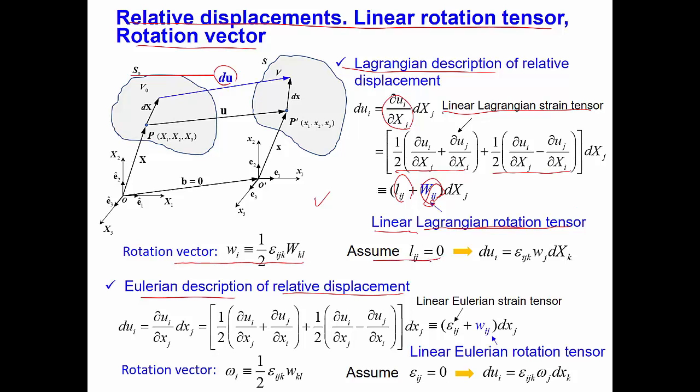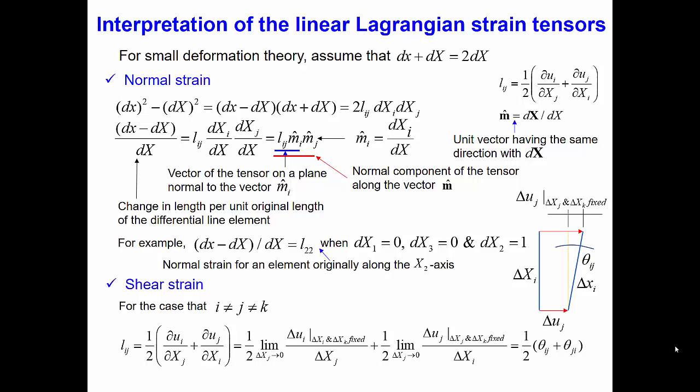Now, setting the linear Lagrangian strain tensor equal to 0, we can relate the relative displacement with the differential line segment in terms of the rotation vector. In the same way, we can derive the equivalent equations for the Eulerian description of relative displacement to the Lagrangian description of relative displacement.